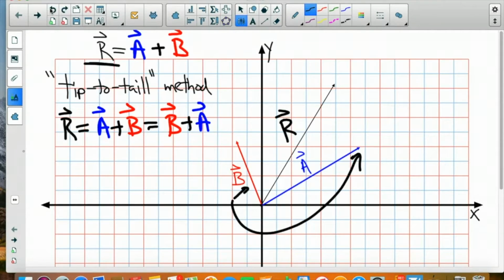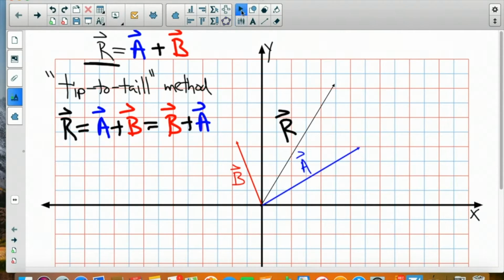So let's see what that looks like. So if I grab A and I slide it using the tip to tail method, what I should get is the exact same thing.